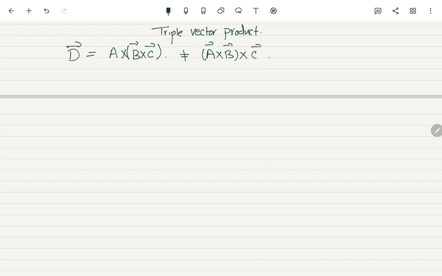Now, to find this one, we have to find B cross C first, then the result makes cross product with A. Now, for this one, B cross C equals the determinant with rows IJK, BX BY BZ, and CX CY CZ.